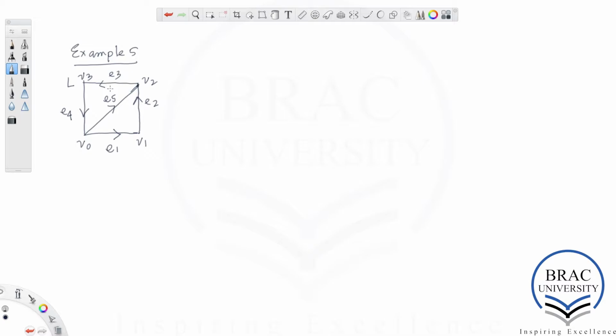Okay, and two simplices, both oriented counterclockwise. One is sigma 2 and the other one being sigma 1.